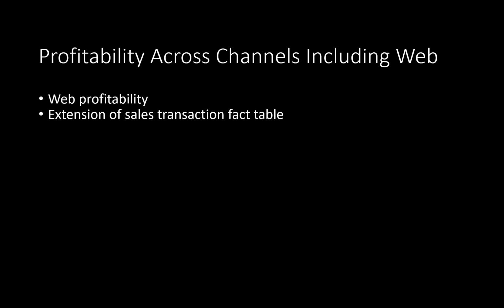Now let's talk about profitability across channels including web. Profitability is important, isn't it? After we have implemented initial clickstream fact tables, we have to tackle web profitability. It is implemented by extending the sales transaction process.